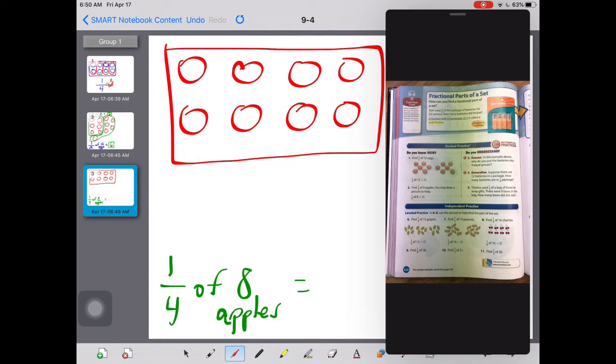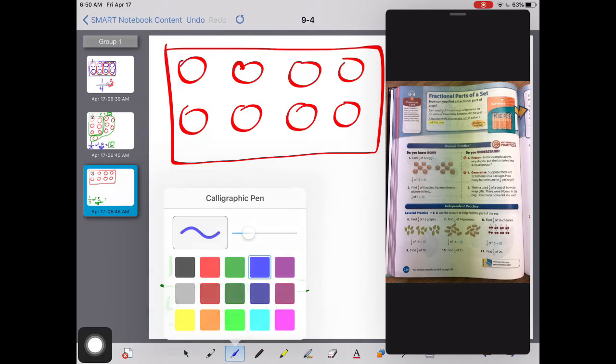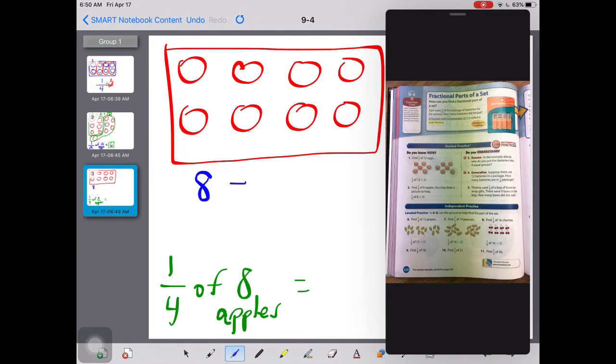All right, so we're going to divide the 8 apples into 4 equal groups. So we're basically doing 8 divided by 4 equal groups. And that's going to get us this answer right there. Okay, so let's divide them up into 4 equal groups.